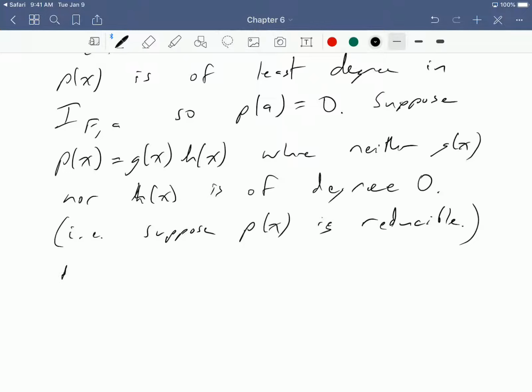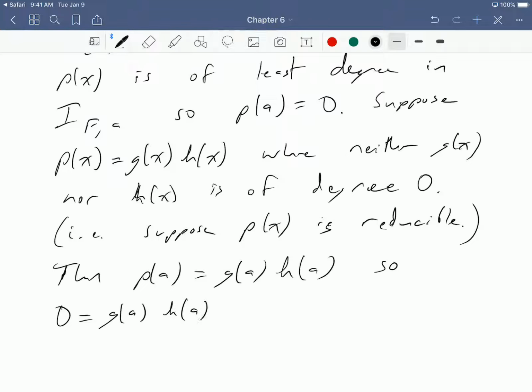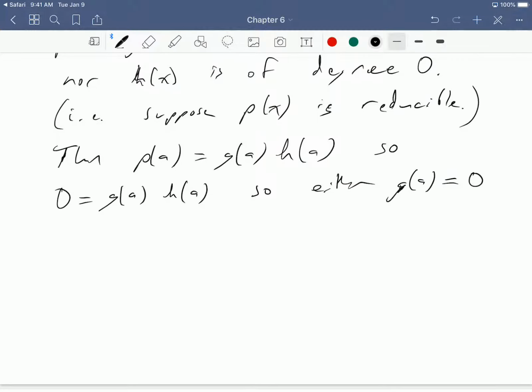We're going to say then p of A is just g of A times h of A. So 0 is g of A times h of A. So either g of A is 0 or h of A is 0.